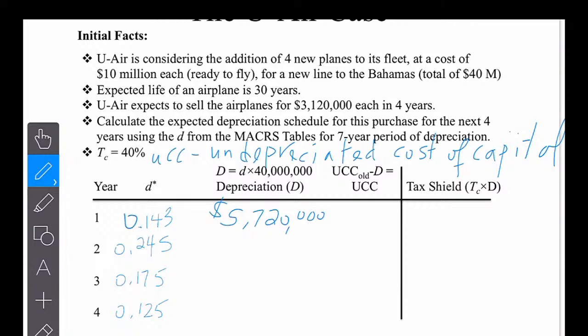So how do you figure that out? Well, what's left on the asset? Well, 40 million minus the depreciated amount is what remains of the asset for tax purposes. And you have to put that number there. So I'm going to squeeze it in.